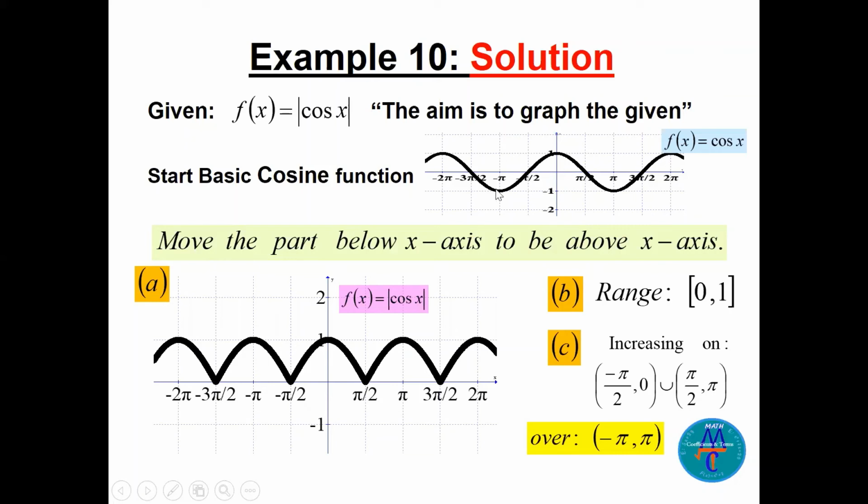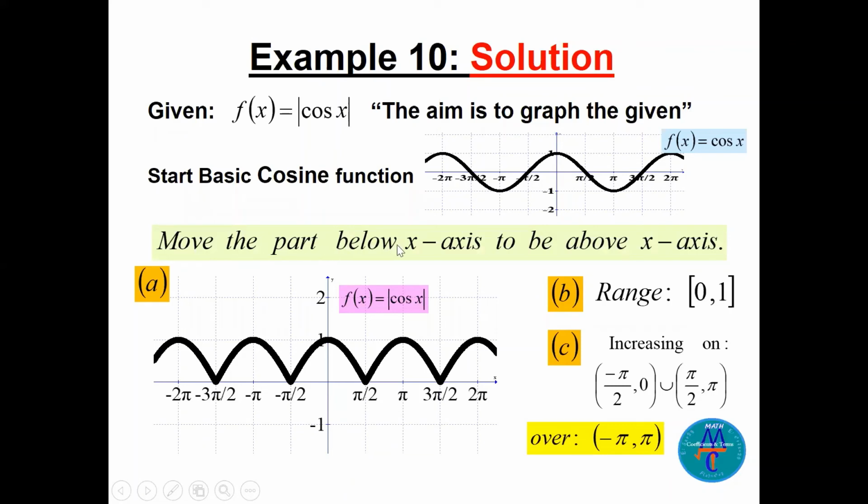We know that. Now when we have absolute value on the whole function, we have to move the part below the x-axis. See, this is negative here, this one is negative, this one is negative. Negative means below the x-axis, minus y.